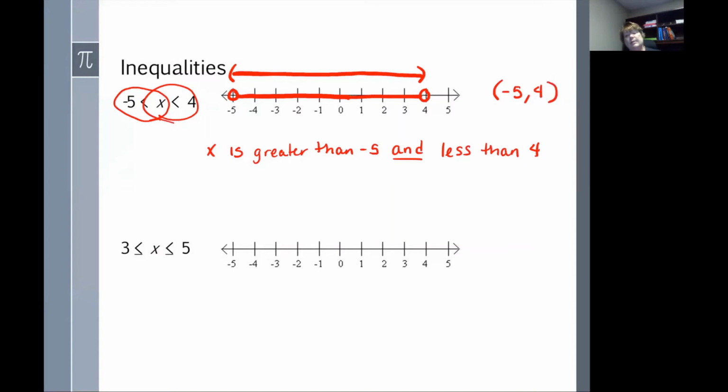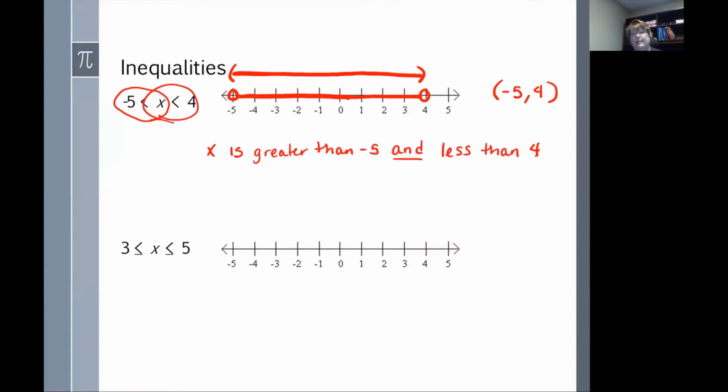So this is why the context of your symbology is important. Back in section 1.1, if we wrote parenthesis negative 5 comma 4 parenthesis, that meant a point on the coordinate plane. We went 5 to the left and 4 up, and we plotted a point.